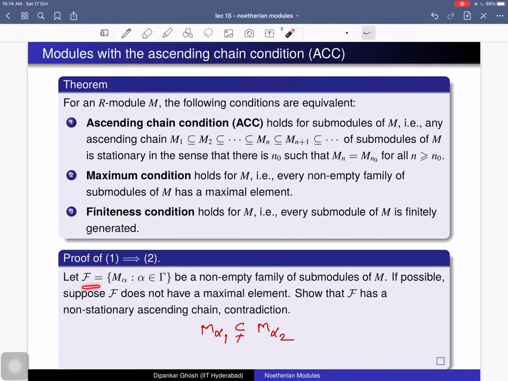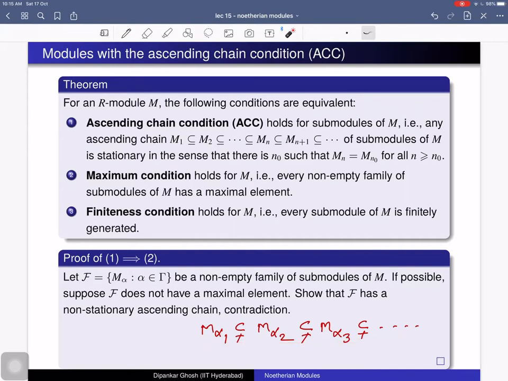And next we consider this one. Since this element is also in F, and F does not have a maximal element, this is also not a maximal element of this family. So there should be something bigger than M alpha 2. Let's say it is M alpha 3. In this way, inductively we can produce a non-stationary ascending chain like this.